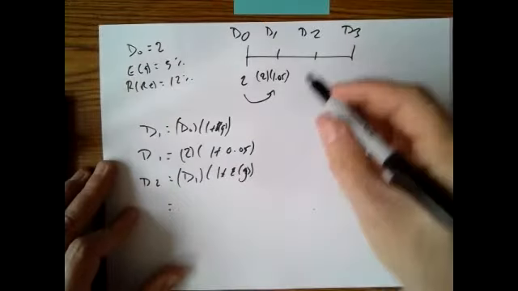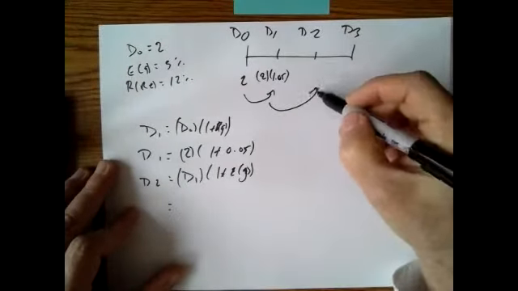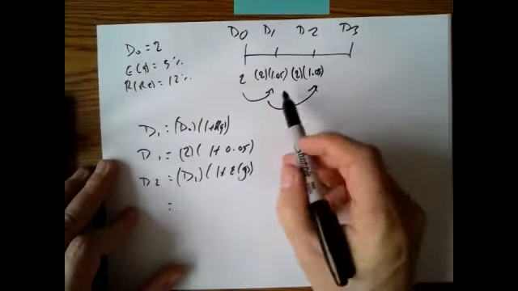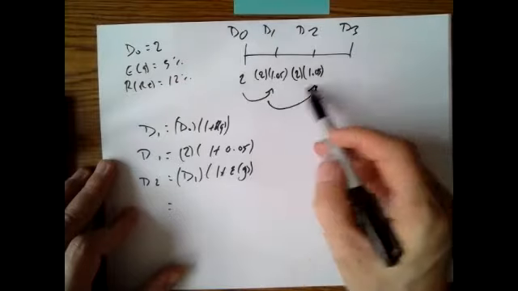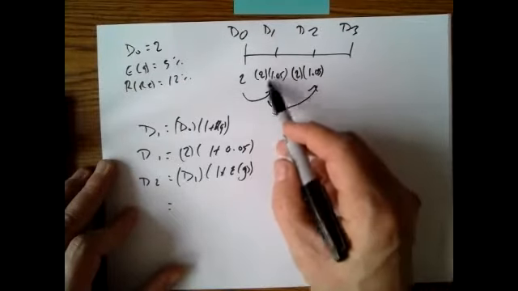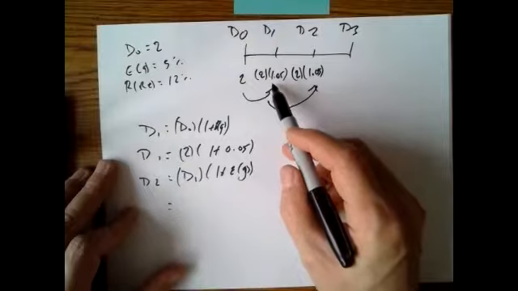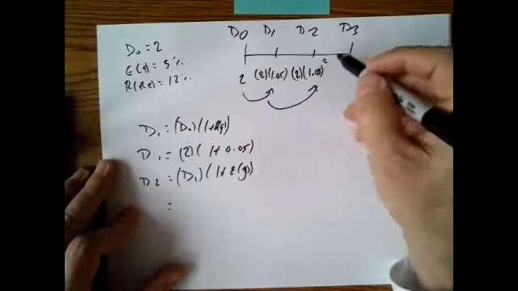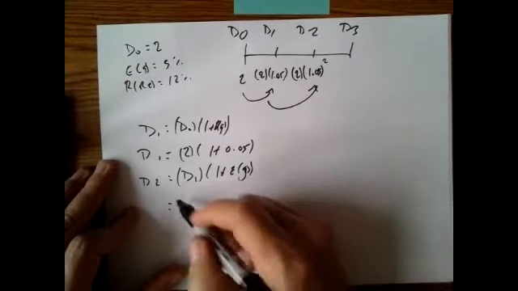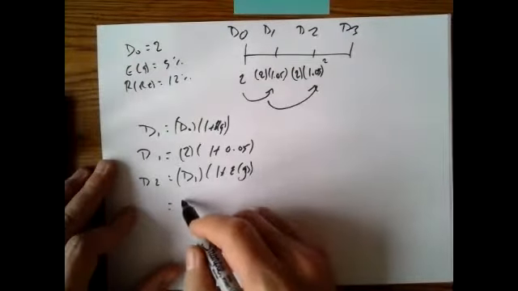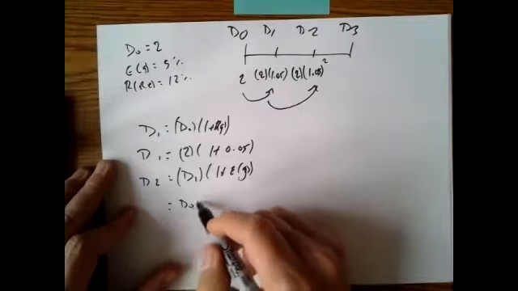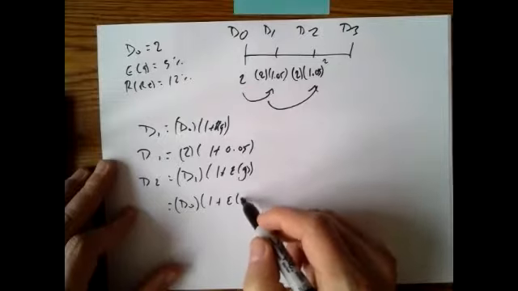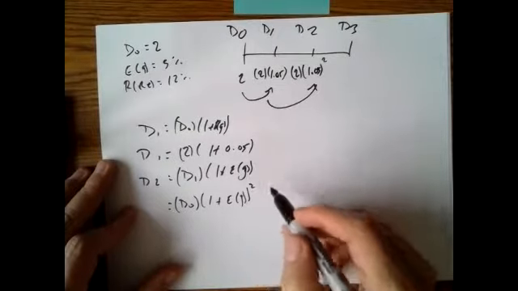So we wind up with a repeating series where we've got 1.05. D2 is D1 times 1.05. If D1 is 2 times 1.05, then D2 is 2 times 1.05 times 1.05, so that's 2 times 1.05 squared. D2 is really D0 times 1 plus EG squared.